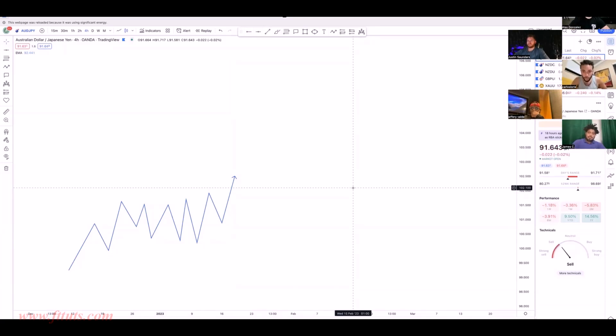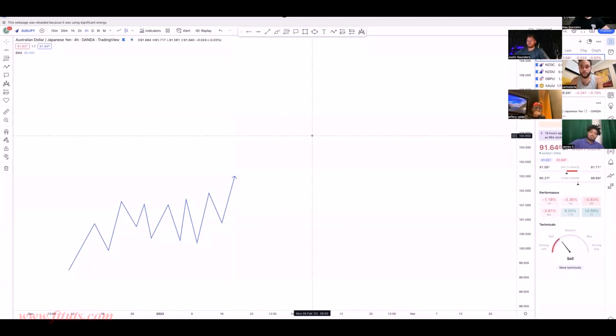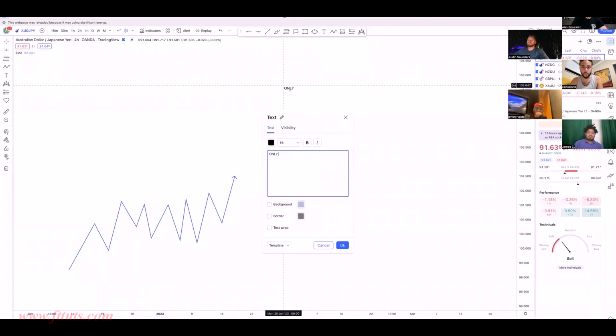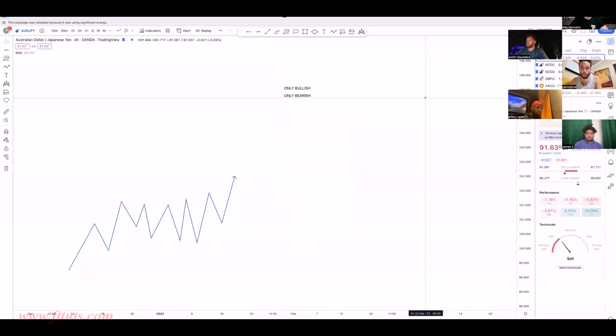So if this would be bullish, there's no consolidation. That's kind of a trick question. There's only bullish markets and only bearish markets when identifying market structure. Of course, there are consolidation zones, without a doubt. That is 100% fact. The market moves in zones like this.